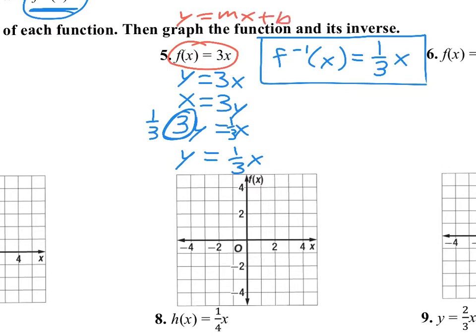M is the slope, b is the y-intercept. So we start with a y-intercept of 0. The slope is 3. So I go up 3, right 1. I don't have room to do that again. So to go the other way, I'm going to go down 3, left 1. And then I draw a straight line through that.